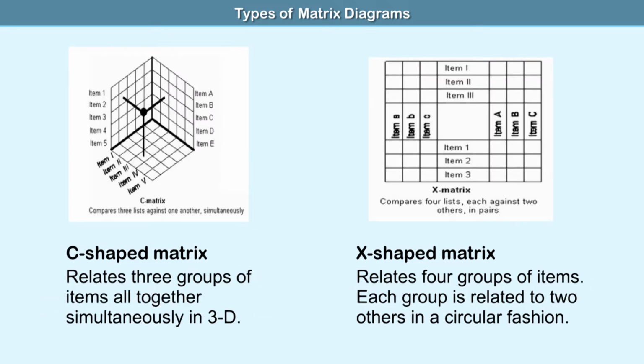C-shaped matrix relates three groups of items together simultaneously in 3D. X-shaped matrix relates four groups of items. Each group is related to two others in a circular fashion.